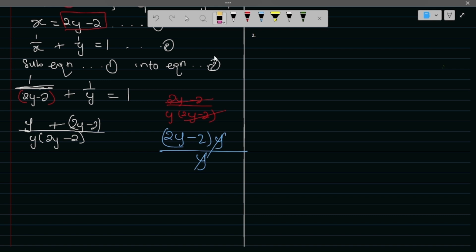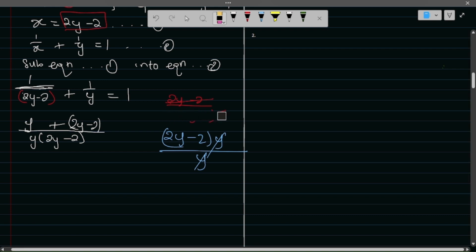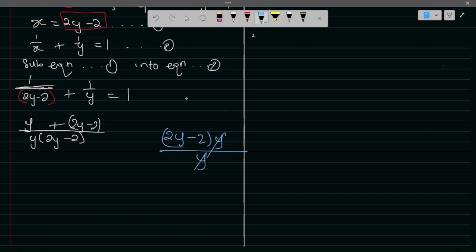The same thing for this side. I just inverted it, guys. Again, it's going to be y, 2y minus 2 over 2y minus 2, so that's why it cancels each other. For the first fraction we have y here, and for the second fraction we have this one here. So let's continue, guys.